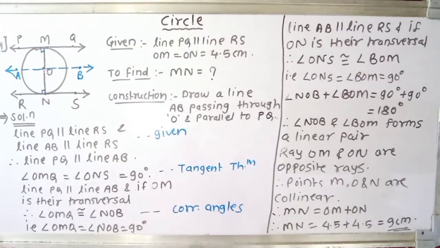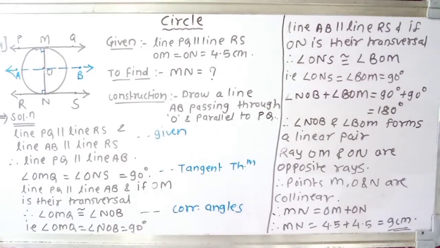So these are opposite rays, and points M, O and N are collinear. Therefore MN is equal to OM plus ON, and therefore MN is equal to 4.5 plus 4.5, which is 9 centimeter. Is this clear to you, students?